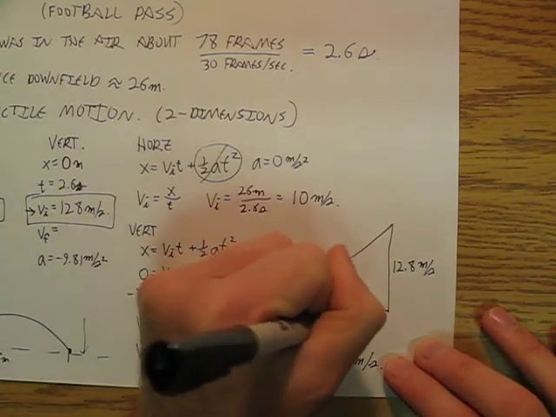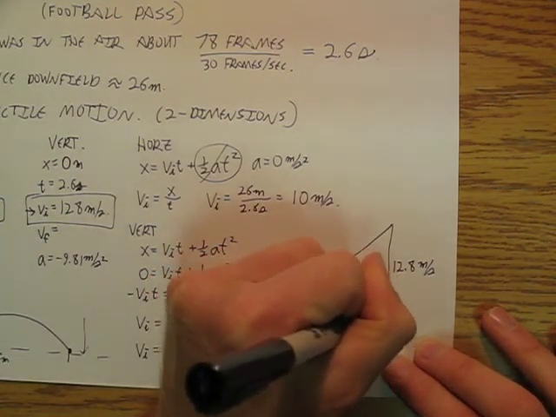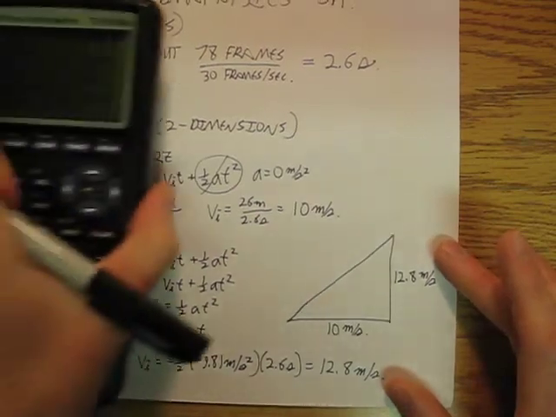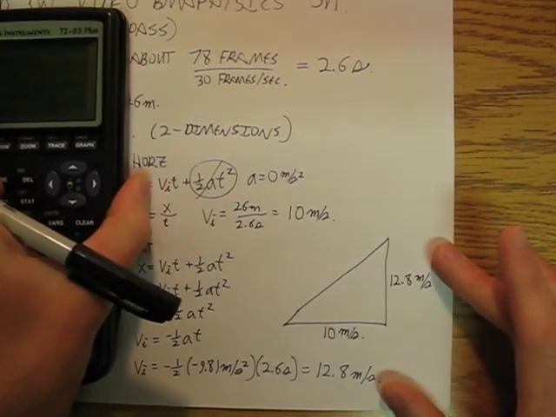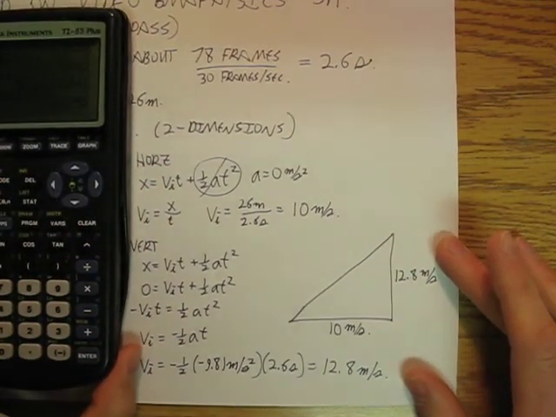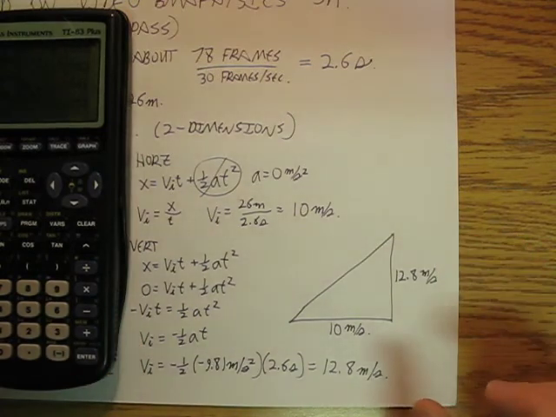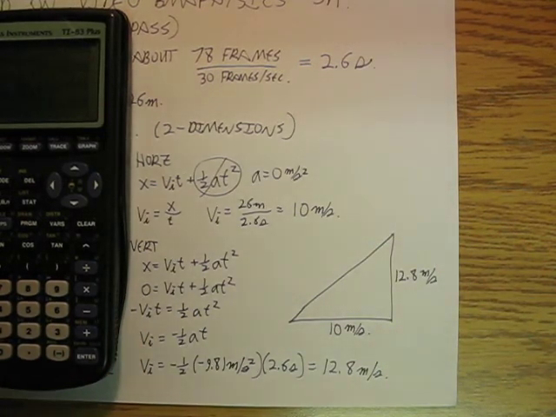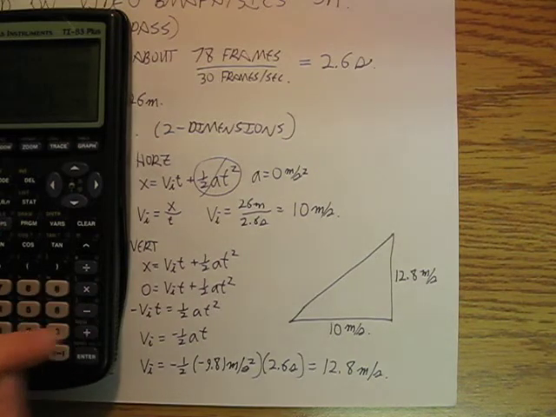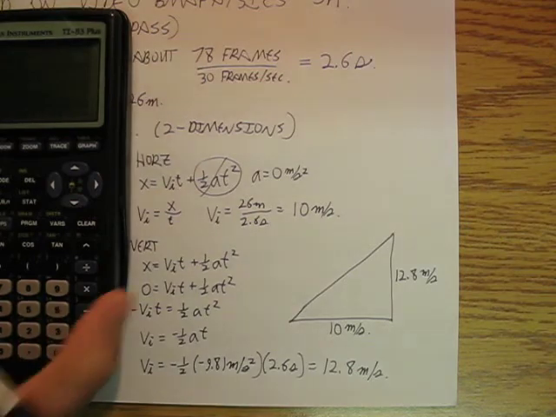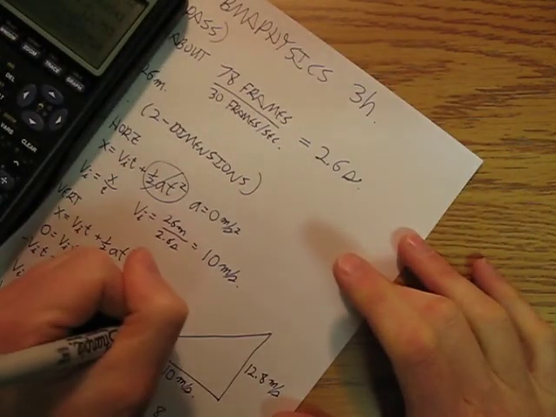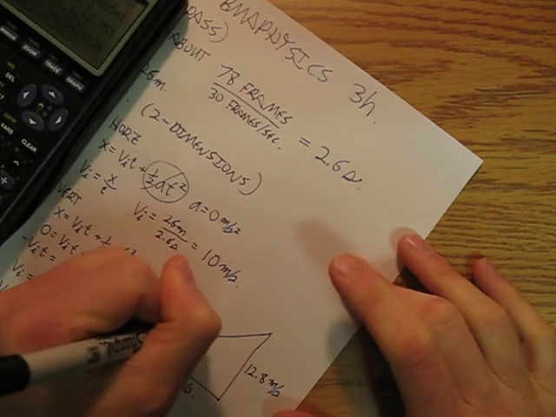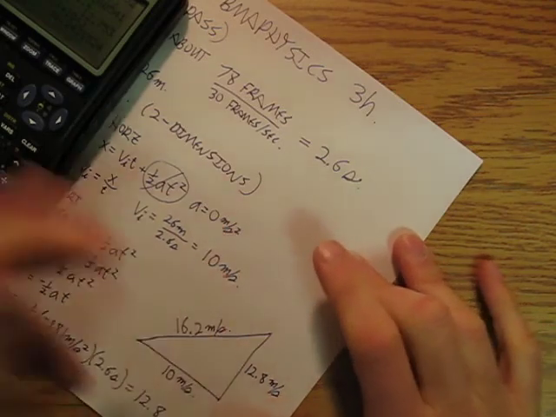The horizontal leg of my triangle is 10 meters per second. Now by Pythagorean theorem, I'm going to go through this fast because I have 1 minute. By Pythagorean theorem, I'm going to get 12.8 squared plus 10 squared. That's going to be 16.24, so call it 16.2 meters per second.